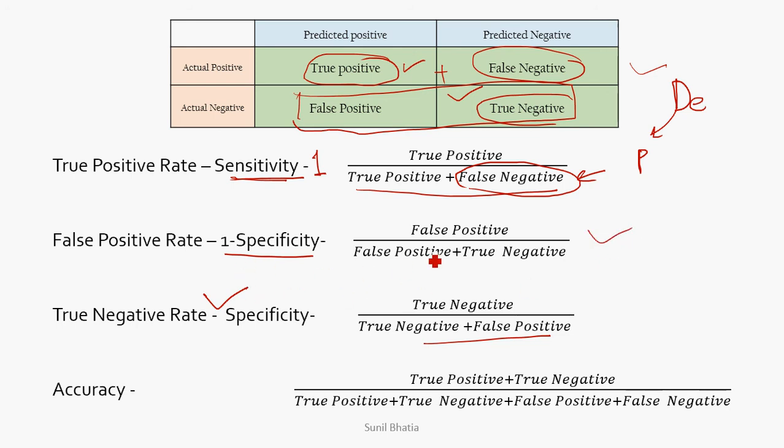Similarly, 1 minus specificity is false positive divided by the total number of actual negative label values, and accuracy is these two boxes which were correctly identified versus the sum of all the boxes. So as the false positive and false negative values start decreasing, the accuracy of the model and all the rest of the values, sensitivity, specificity, etc., start increasing.